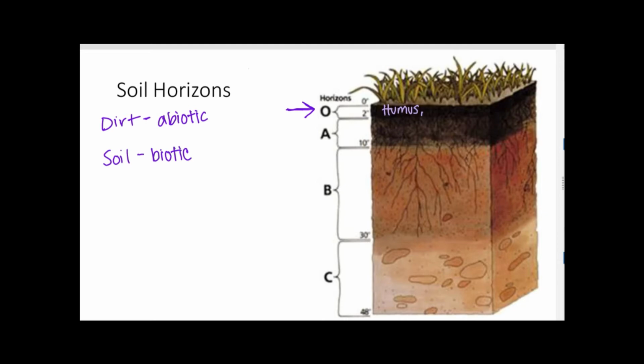A big problem is, let's say we got rid of all of this grass, then all we'd have on the top was humus. Erosion is going to sweep away that humus first. So if you've got a lot of erosion on your land, you're automatically losing that O layer where all that important stuff is that plants need to grow.